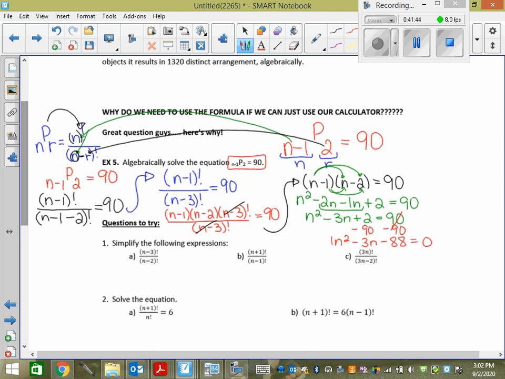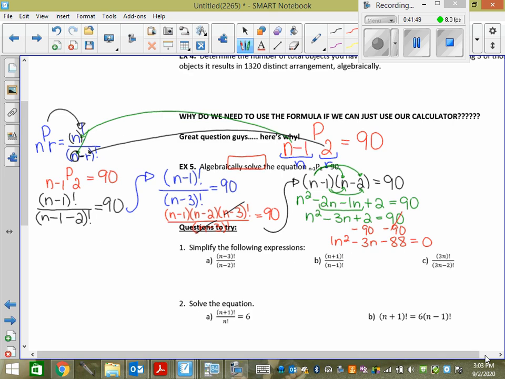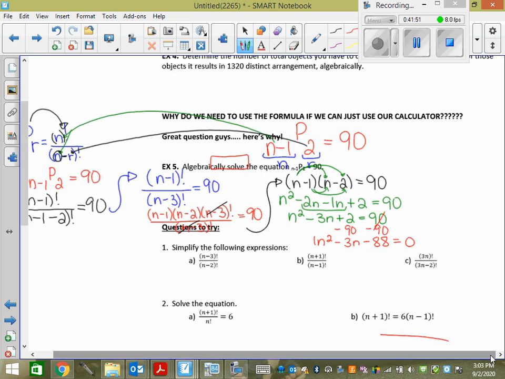Because I have a 1 in front of that n squared, I'm going to get an n, a bracket, an n, bracket equals 0. And I can do that because I have this positive 1 in front, right? And I'm going to say what times what equals the outsides, so negative 88. 1 times negative 88 is negative 88.